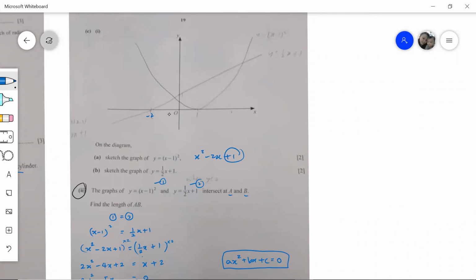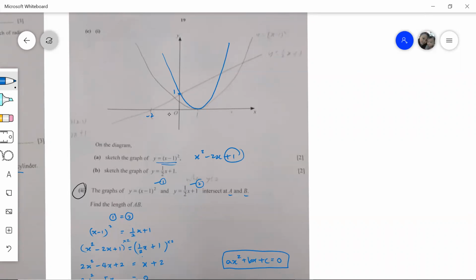So your y-intercept is also 1. So your curve should be like this, passing through 1. The straight line is fine, just that for your curve, the quadratic graph, you have to make sure that it passes through the right y-intercept.